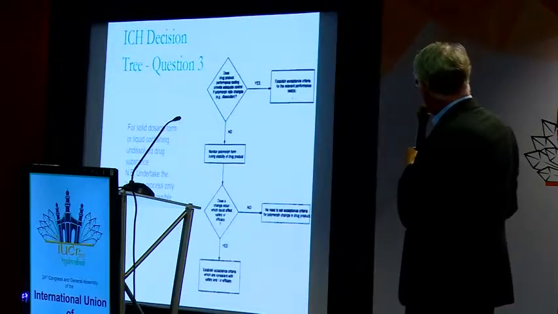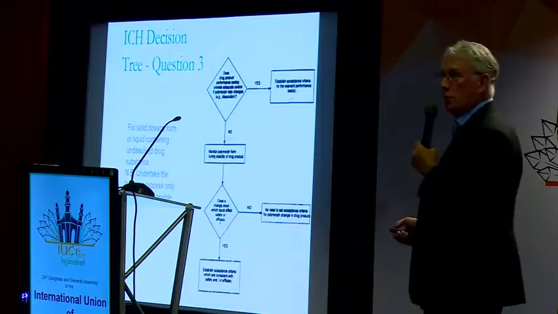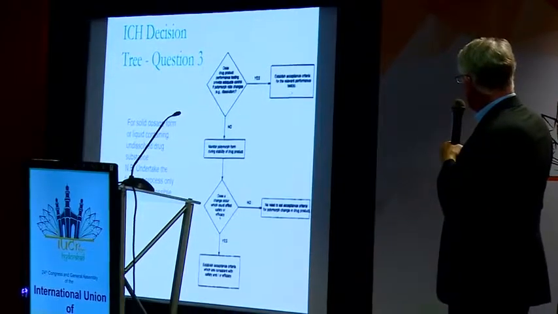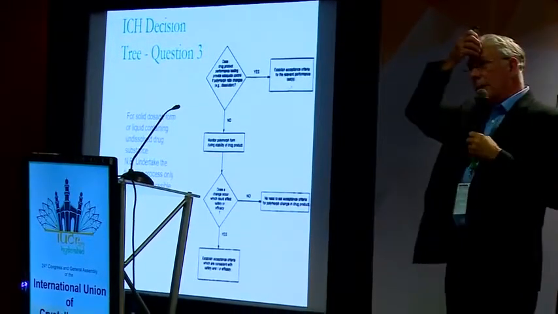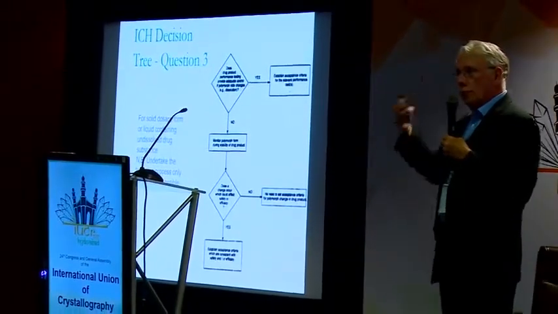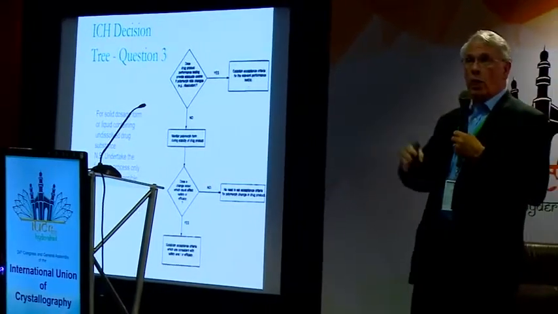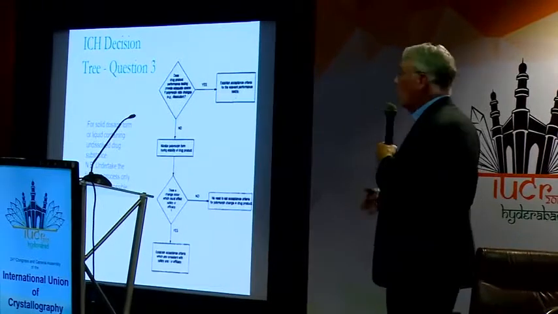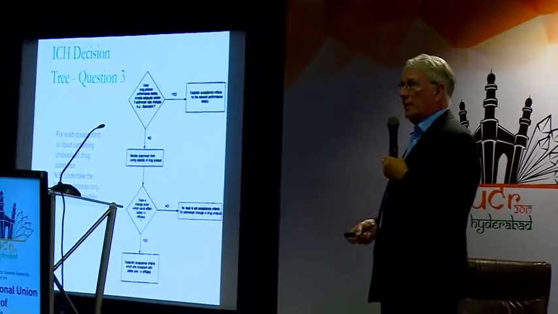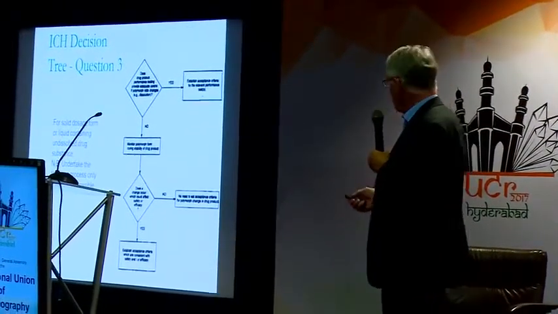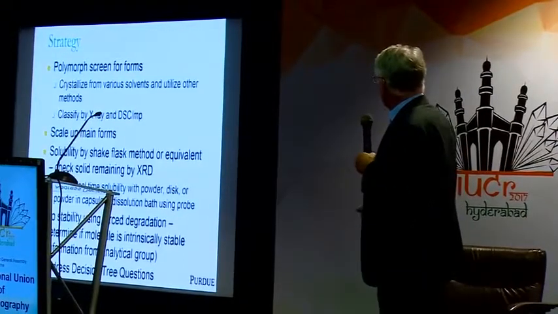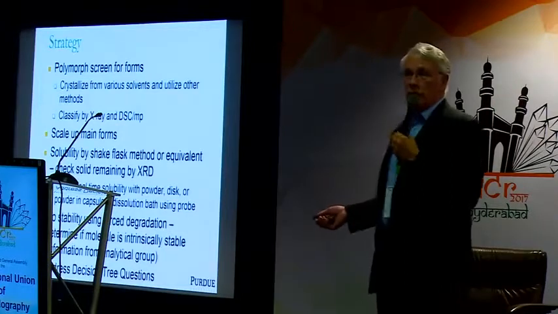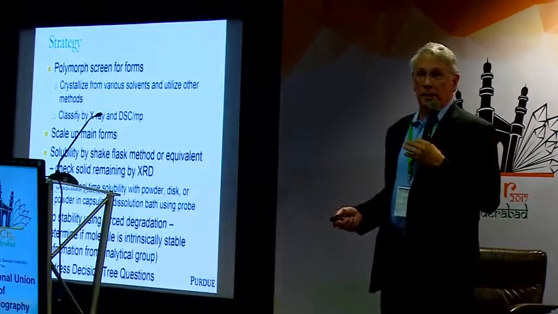Or we have to go to a third question where we go to the drug product, the medicine, and we're told to monitor the form during stability and make sure that there's no conversion to other forms that we don't know the bioavailability. So the whole goal here is to maintain bioavailability. And this is just outlining what strategies have developed in the industry.